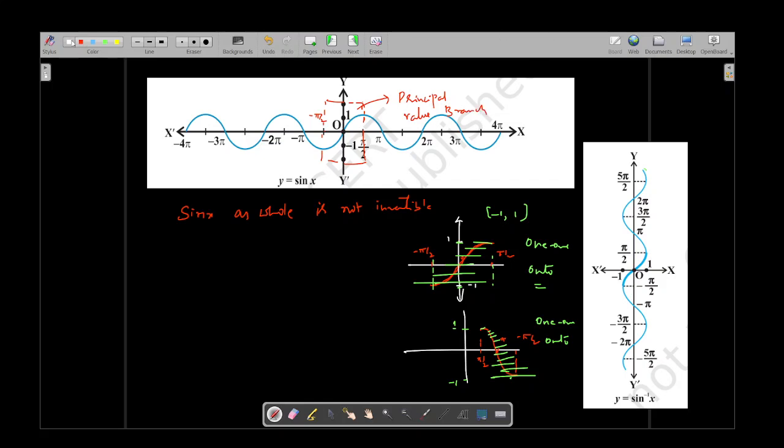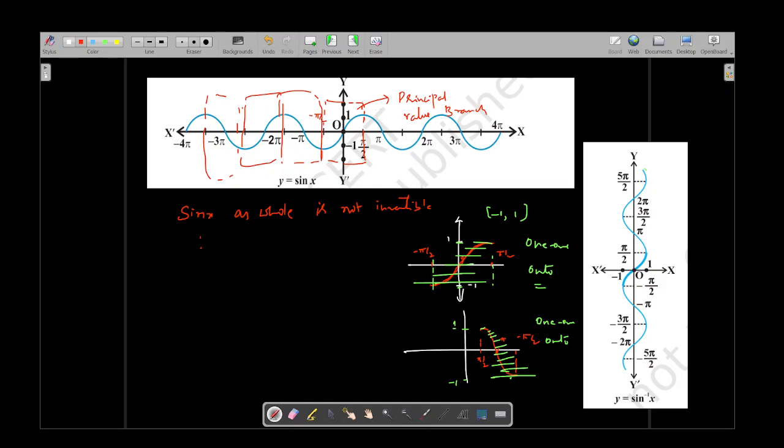So let me write where all sine is invertible. We can take this as well, we can take this, we can take this. So there are infinite branches like this where sine is invertible.